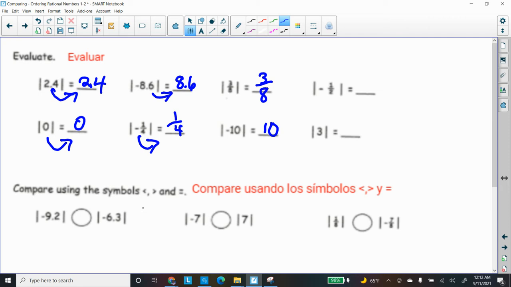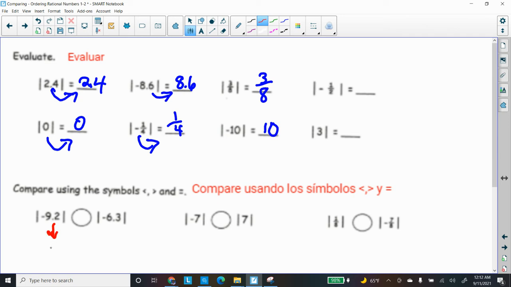Here we want to compare using those symbols we talked about in our other video, the less than, greater than, or equal to. Here we got absolute value inside of a number, and then we got to compare. Well, the first step we need to do is find out how much this is equal to.